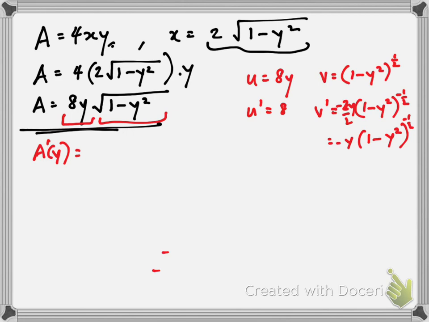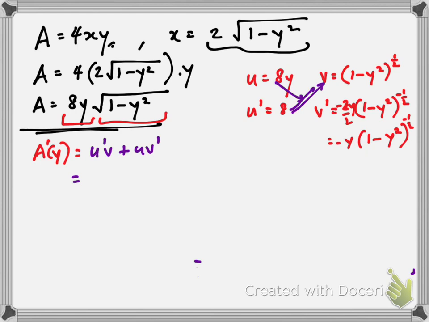Let's rewrite that in terms of the square root symbols. So when you go u dash v plus uv dash, doesn't matter as long as you cross multiply. I'm going to put the simple ones first.